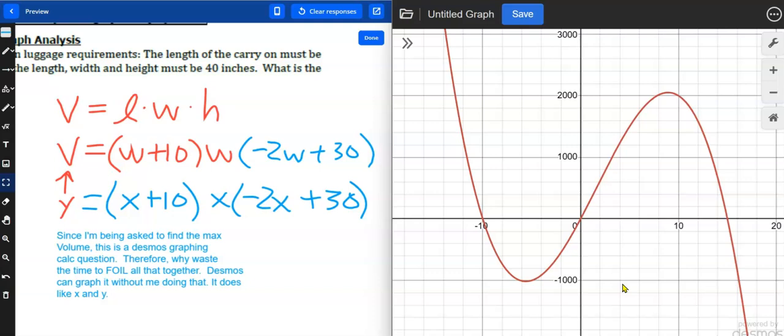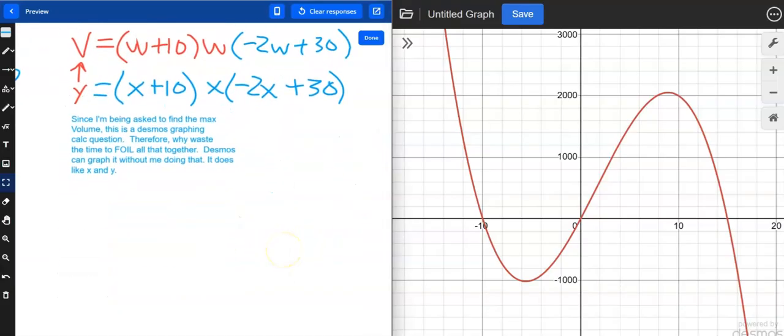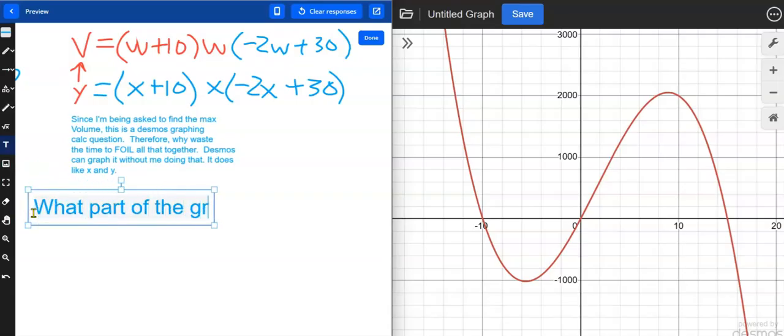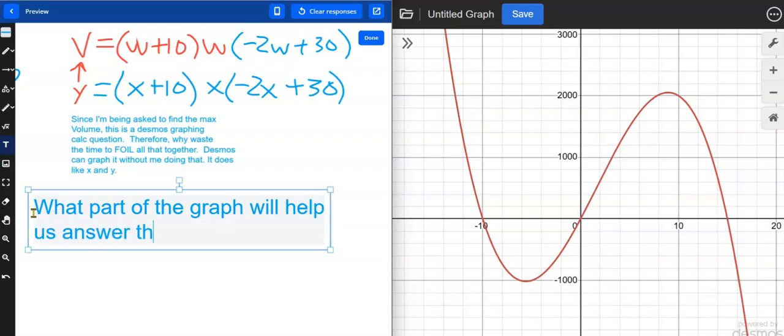All right. Now, the next question we have to ask ourselves, what part of the graph makes sense? What part of the graph will help us answer the question? Well, anything with a negative is a no-go.